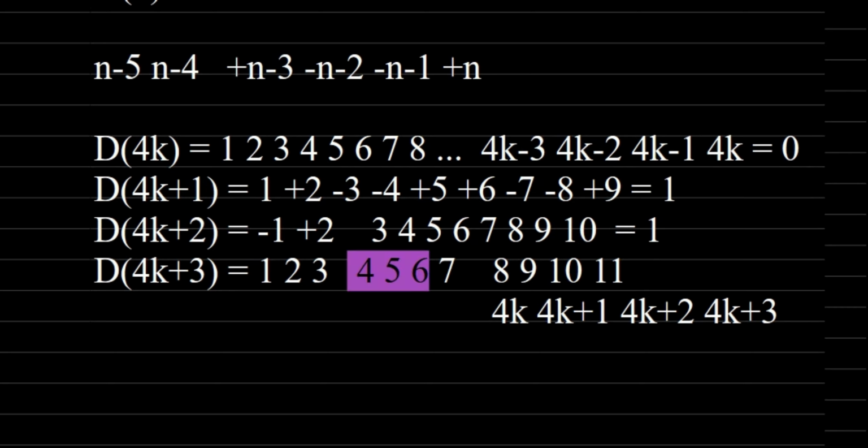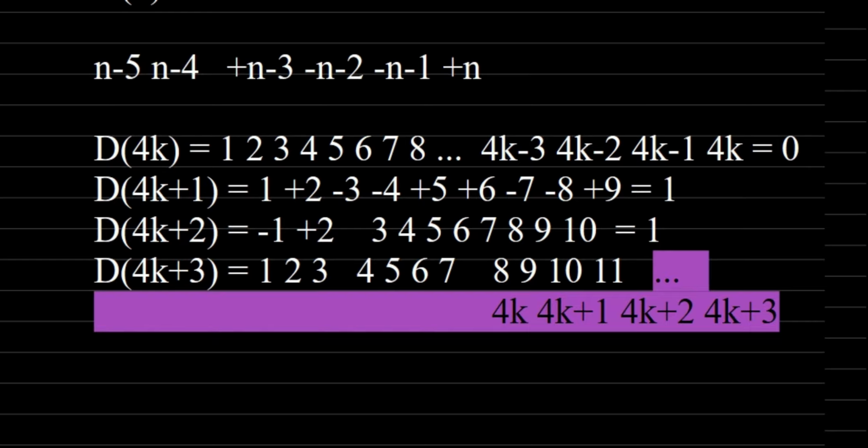So these would cancel out, these would cancel out, and for any number of the form 4k plus 3, there would be numbers in front of this which would all cancel out. So ultimately we'll be left with 1 2 and 3.